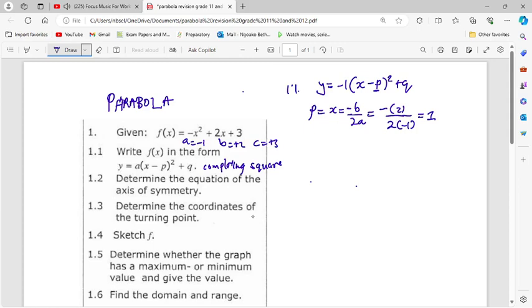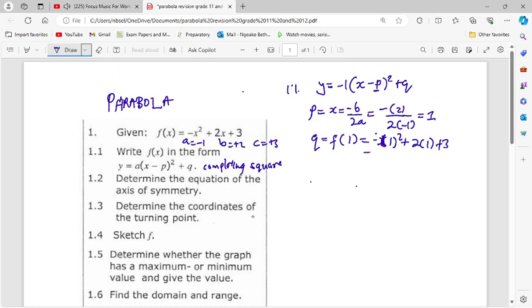So how to get the value of q? Can you say q equals f of whatever value is here of the x turning point, which is 1, equals minus x, which is 1 squared, plus 2 into the value of x, which is 1, plus 3.